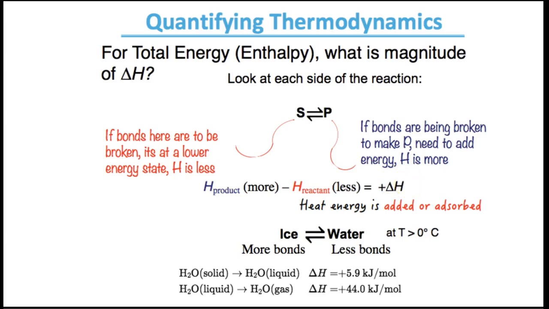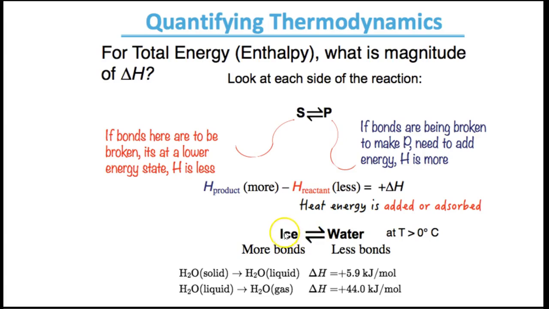So as this relates to water, when you have ice going into water, you have to add heat to have it melt to be water. And so that is an actual positive change in enthalpy because heat was added.